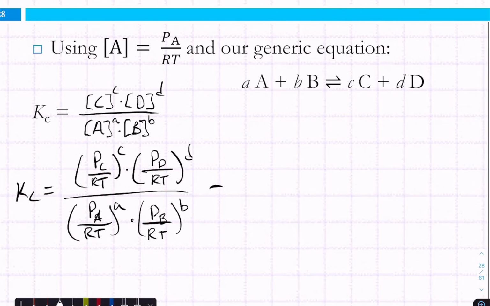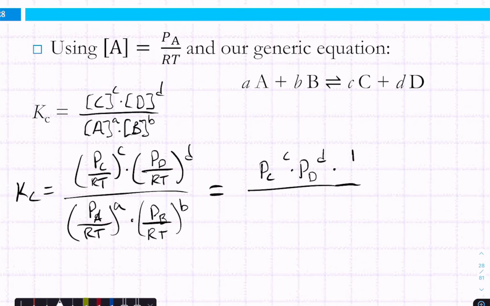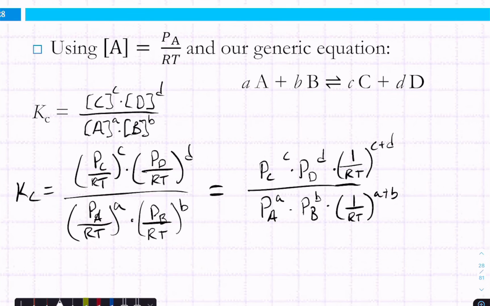And so we'll get the partial pressure of C raised to the c times the partial pressure of D raised to the d, times 1 over RT raised to the c plus d, over the partial pressure of A raised to the a times the partial pressure of B raised to the b, times 1 over RT raised to the a plus b. Again, still not very neat.